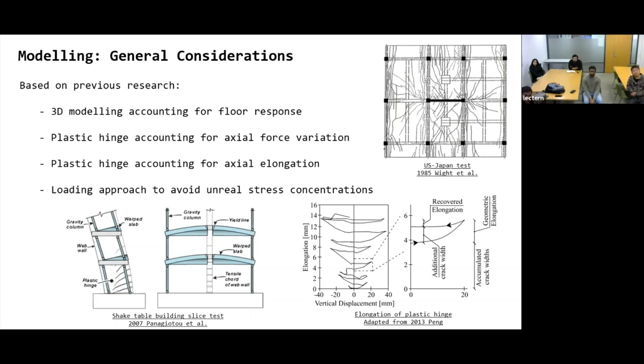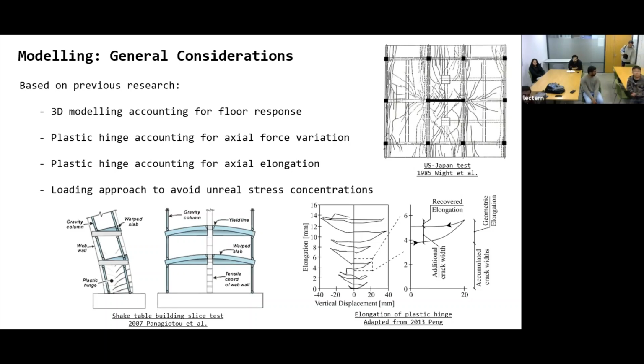As you can see in the pictures on the left-hand side at the bottom, when the wall bends, one of the ends lifts, so that picks up the slab, and that's what generates the coupling of everything there.